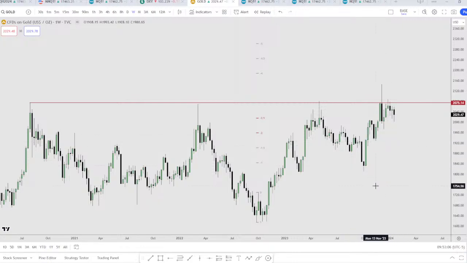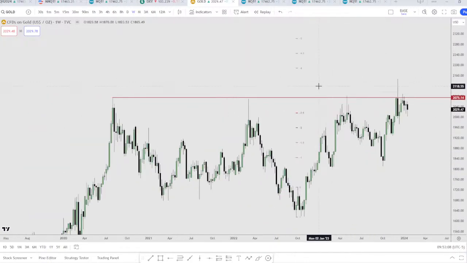Okay, so that's for gold. Still in a huge higher time frame consolidation. Nothing has moved yet, and there's no closing prices above this old high just yet. As you can see, they are all wicks.